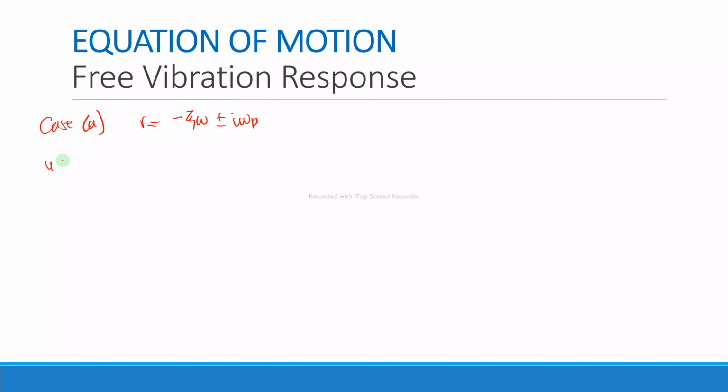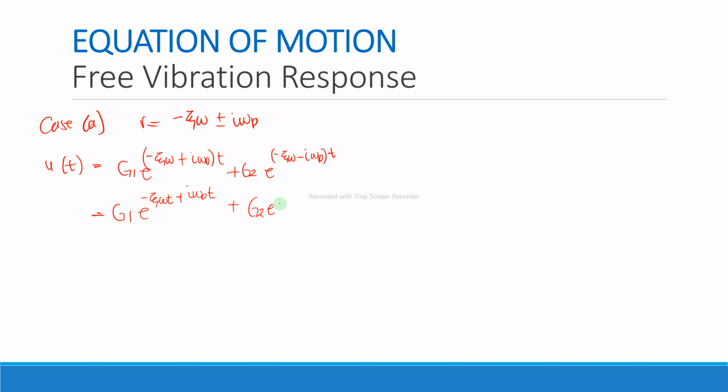Now if we substitute this, the general solution will have c1 e to the quantity negative psi omega plus i omega d times t, and then plus c2 e to the quantity negative psi omega minus i omega d times t. If we distribute, we'll have e to the negative psi omega t plus i omega d t plus c2 e to the negative psi omega t minus i omega d t.